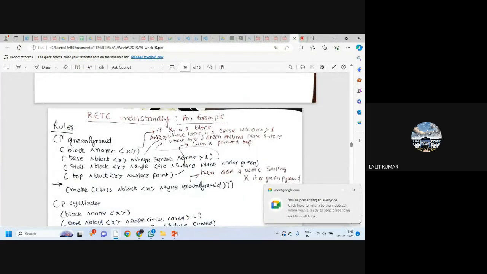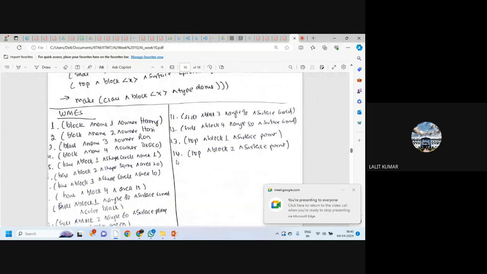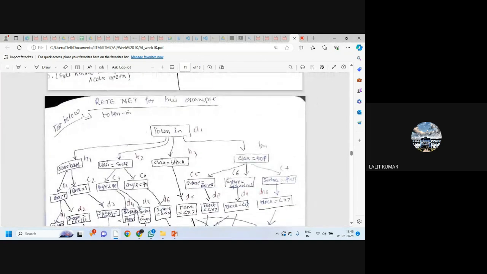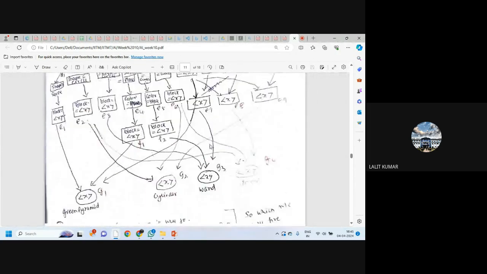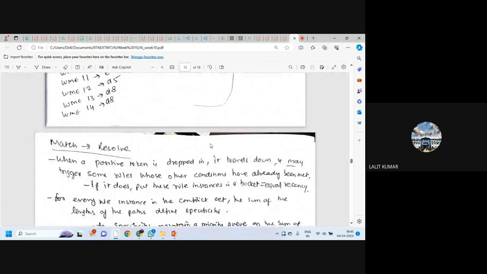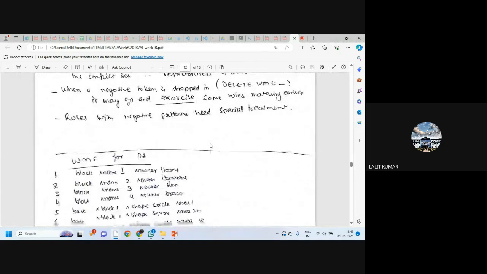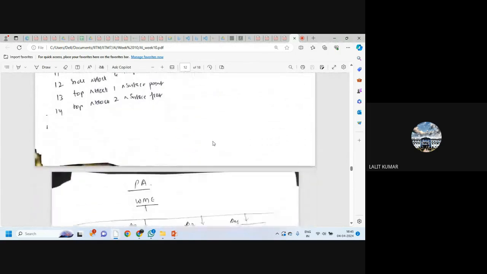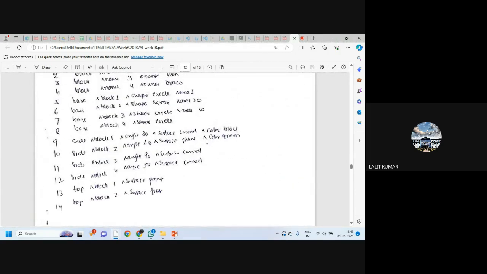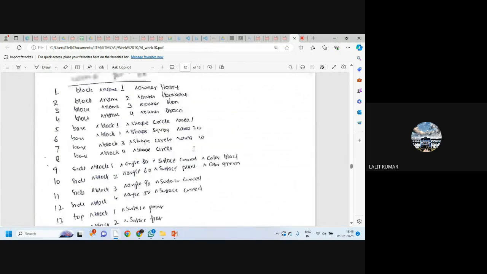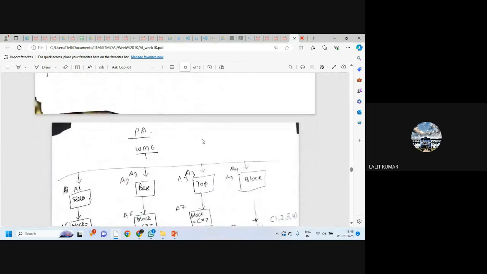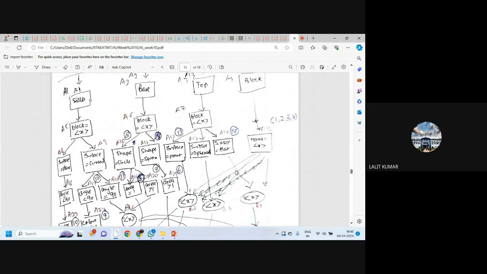Okay. Now, with this understanding, we'll go to the PAs directly. Here, PA is one. He has given one example. We have seen the resolve and all that. So PA we can open, and he has given the WMEs, and the net is given to us.